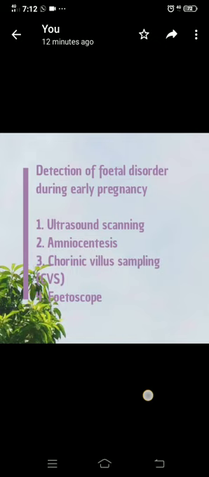The fetoscope is used to monitor the fetal heart rate. Normally the fetal heart rate should be between 120 and 160 beats per minute. If the rate changes, we can detect problems such as the fetus not getting enough oxygen.